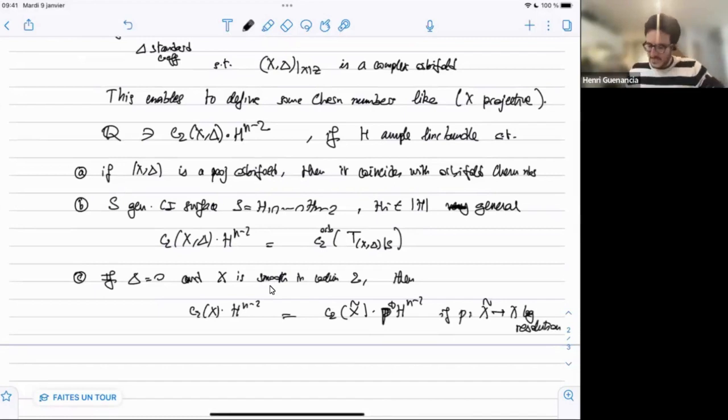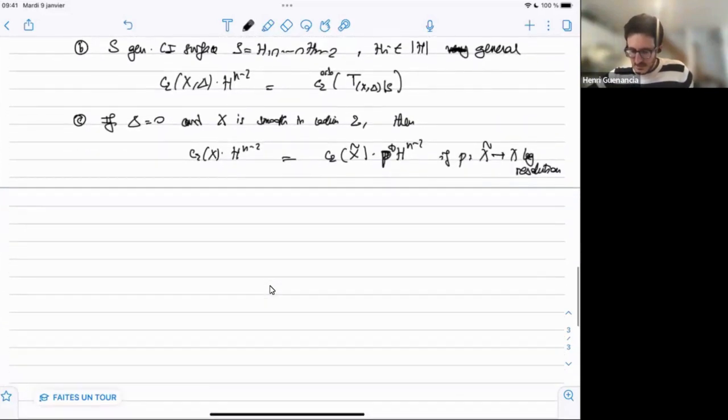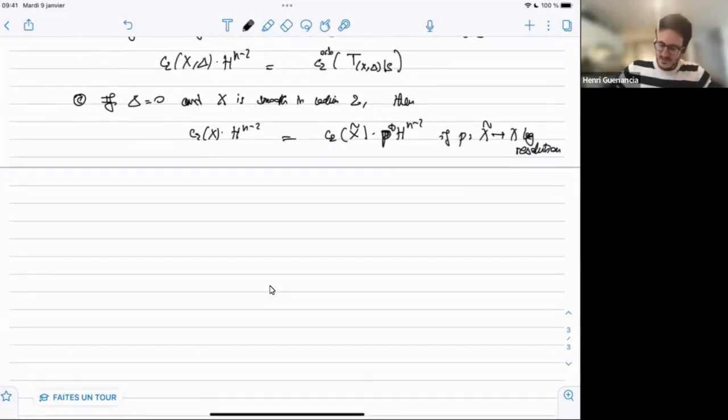Okay, so this construction is due to Mumford in the projective setting. There are analogs in the complex analytic case that I'm not going to discuss. And the upshot is for KLT pairs, we're able to define Chern numbers. Not all Chern numbers, but the C2 and the C1 squared.